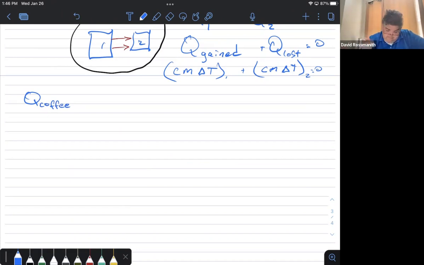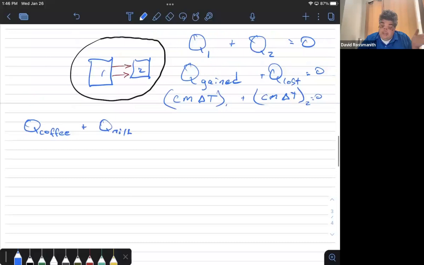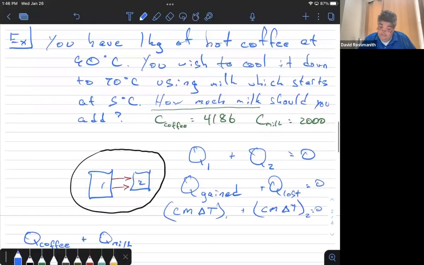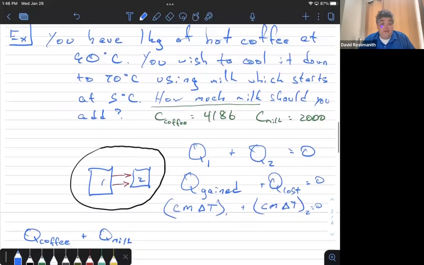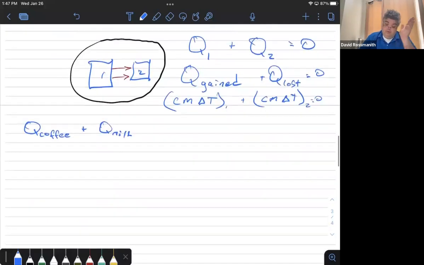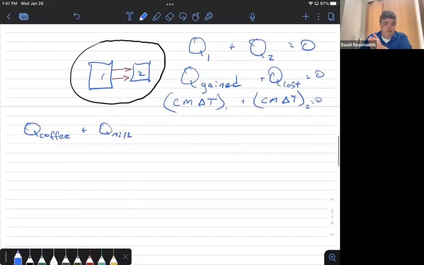This much. Plus, the milk will gain some amount of energy in heating up to its final temperature. Those are the only 2 things in my problem. I've got hot coffee and I'm putting cold milk into it. So just 2 objects. So Q for the coffee, Q for the milk. Set it equal to 0.